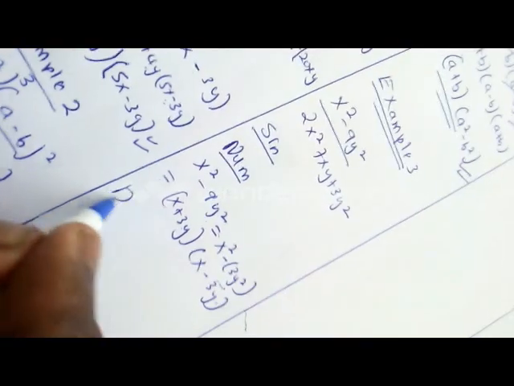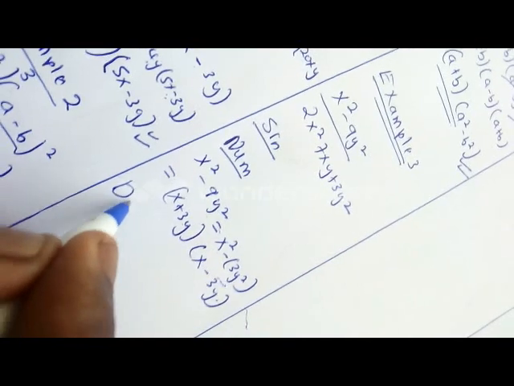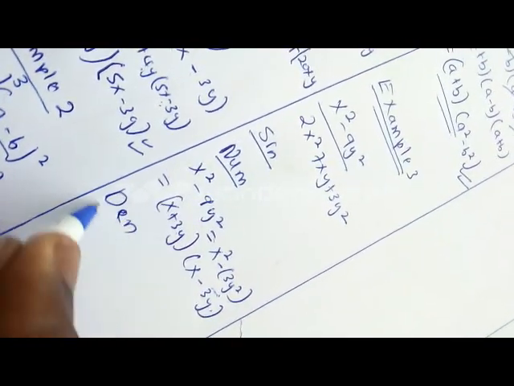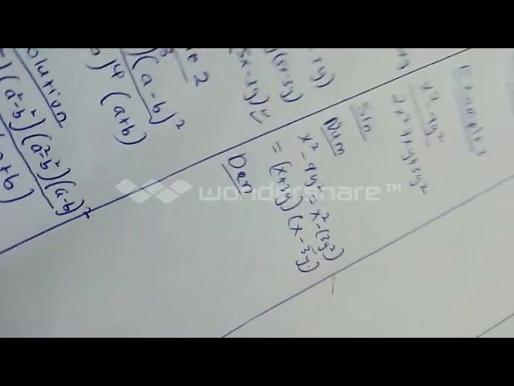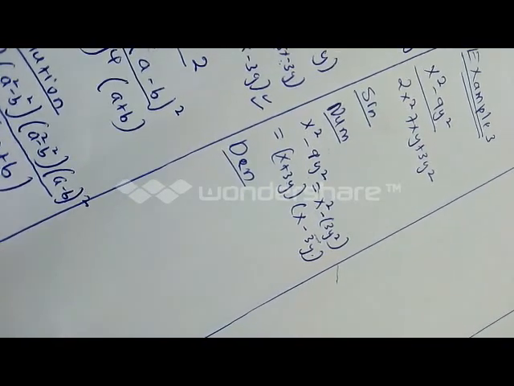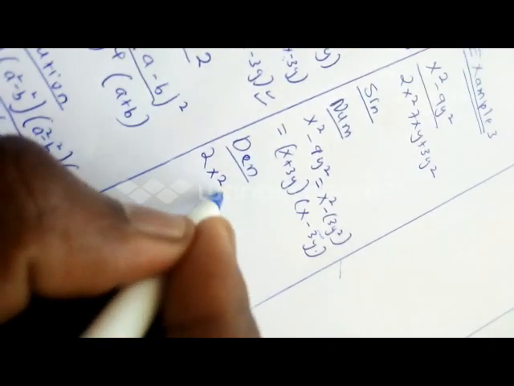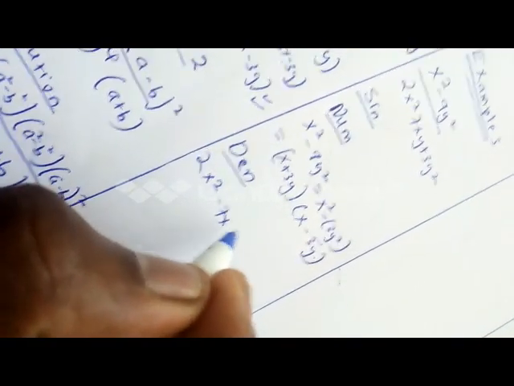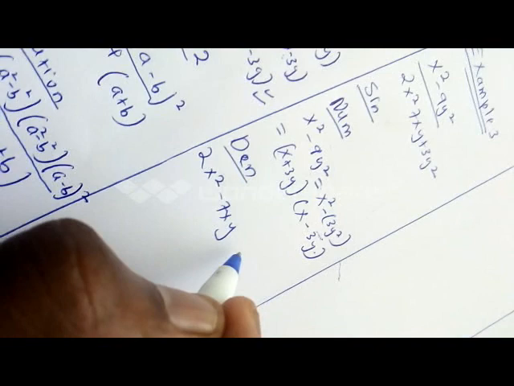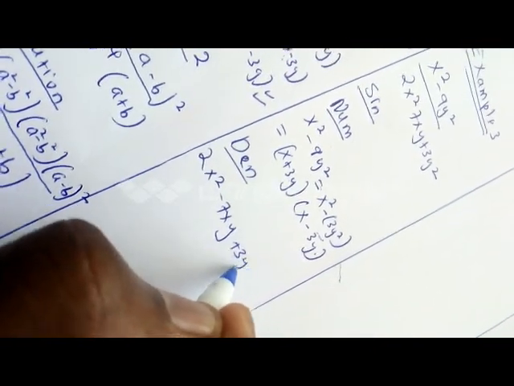Let us go to the denominator now. And the denominator part, we have 2x squared minus 7xy plus 3y squared.